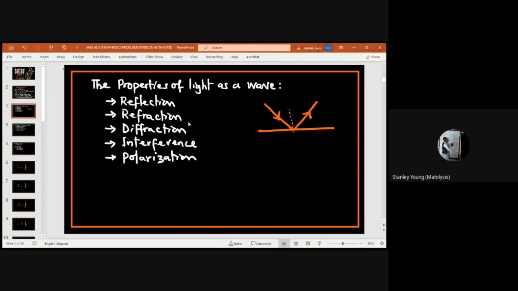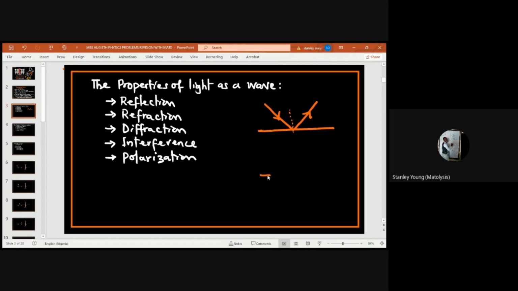Refraction itself is the transmission of a wave from one medium to another. Or you can still describe it as the bending of a wave when it travels from one medium to another medium that has different optical densities.